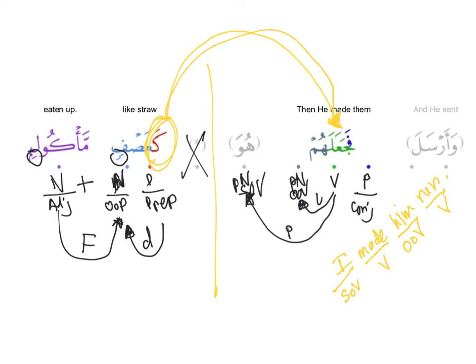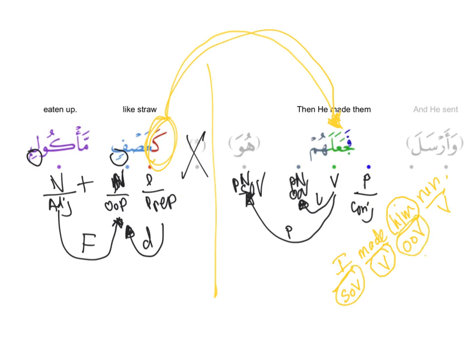But whenever you have made, you have something like two objects of verb, right? One object of verb will be direct, which is him. It's like I made him run. So this made is verb, and then subject is I, and then object of verb is him.